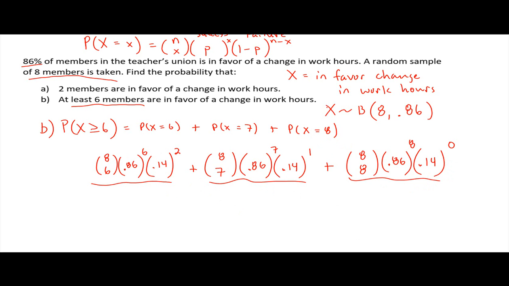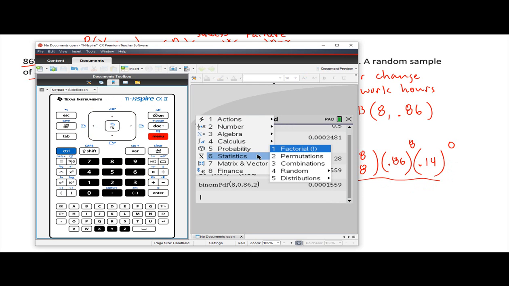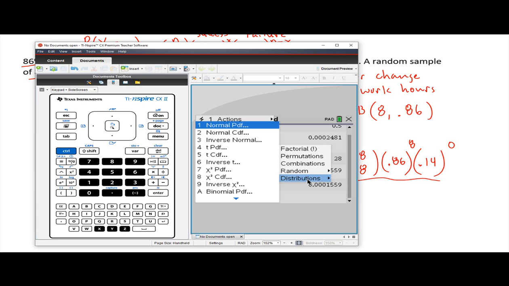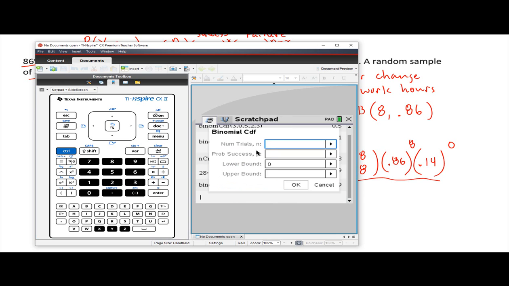So if I actually use binomial distribution in the calculator, I'll go to distribution. This time it's going to be a CDF, binomial CDF, because we have an inequality, right? So the number of trials is still 8. Success probability is 0.86. The lower bound, so what's the lowest number x can be?